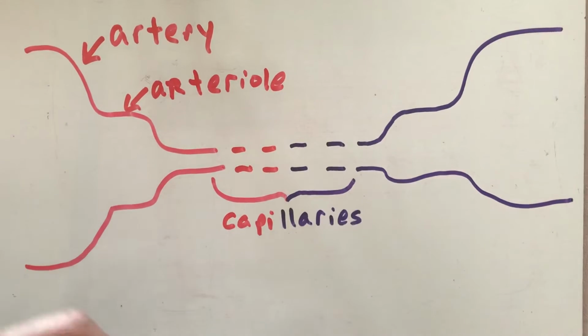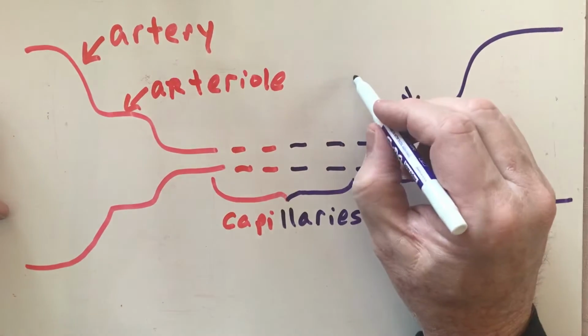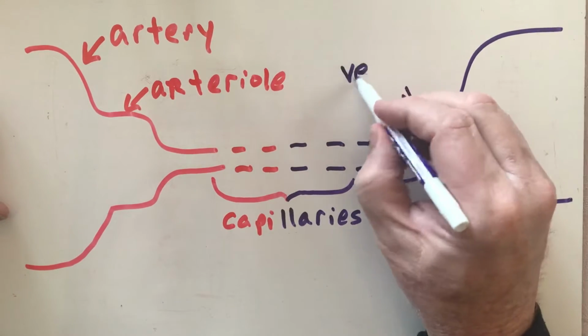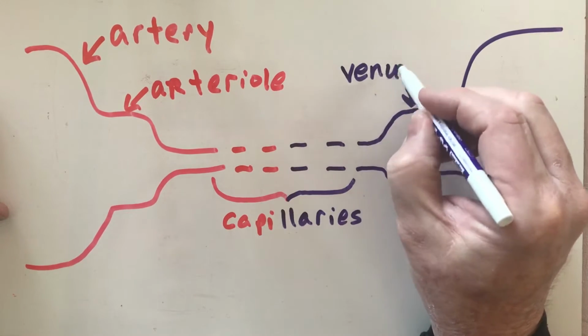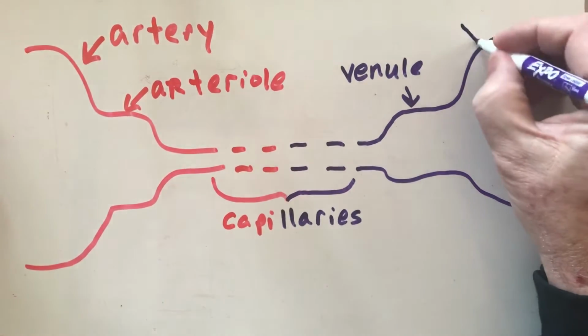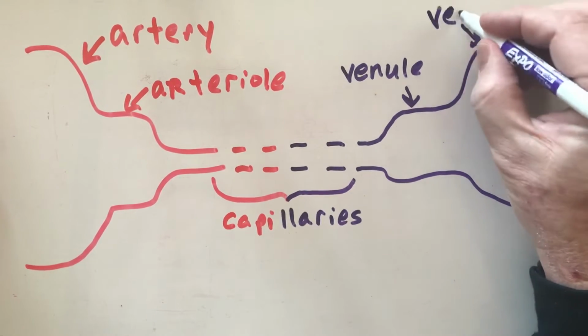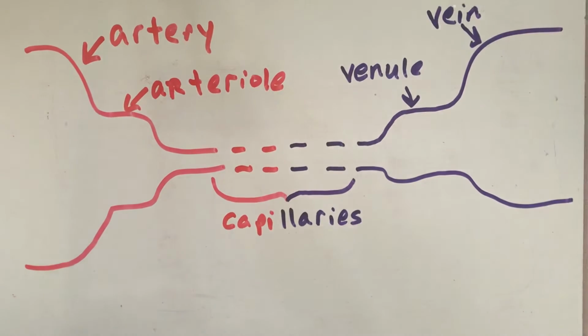Then we're going to have venules. And then over here, we are going to have a vein. And if you recall, we said veins carry blood back to the heart.